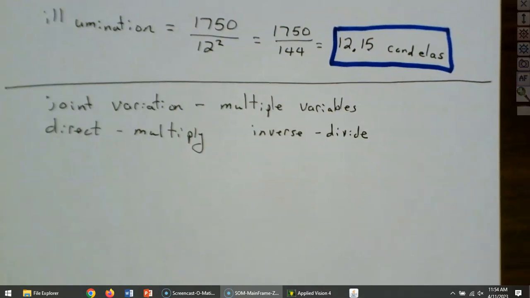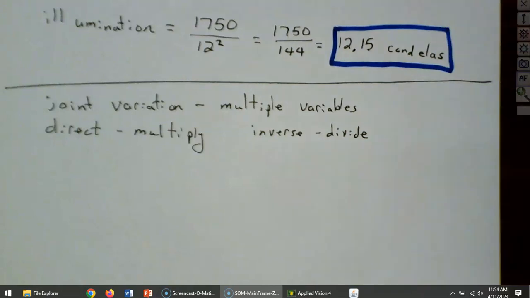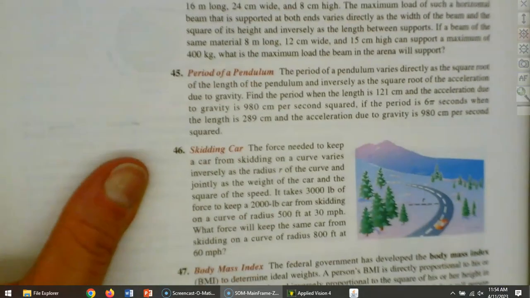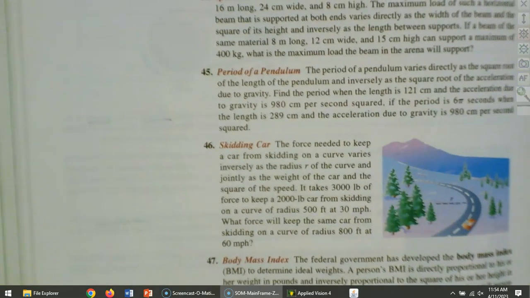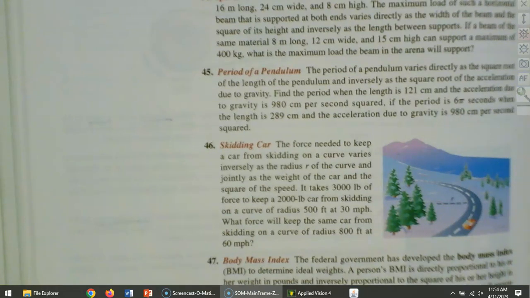So let's look now at, how about question 46? We talked about the car with the braking earlier, at the very beginning. This one is talking about the force you need to keep the car from skidding out on a curve. So question 46.